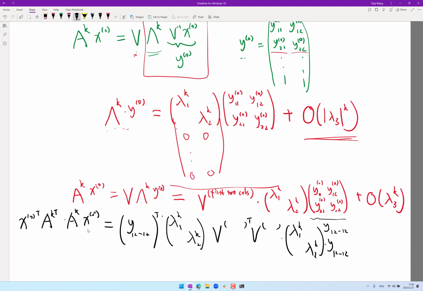So that's basically plugging the red formula into this, and another plus lambda 3 now to the 2kth power, right? Actually no, just still to the kth power, because it's multiplied with itself.